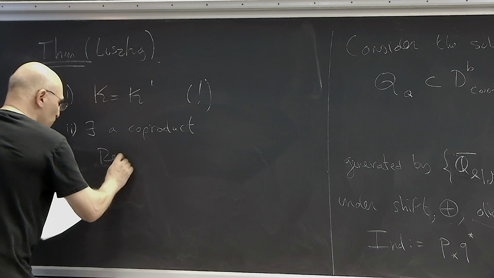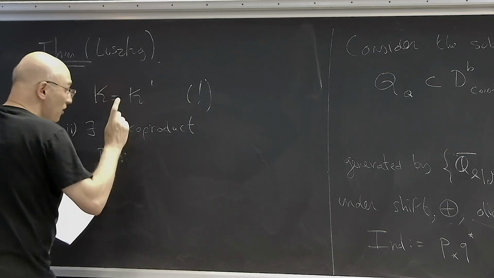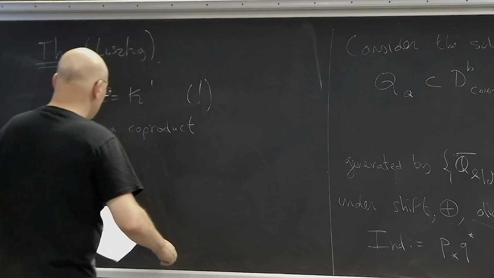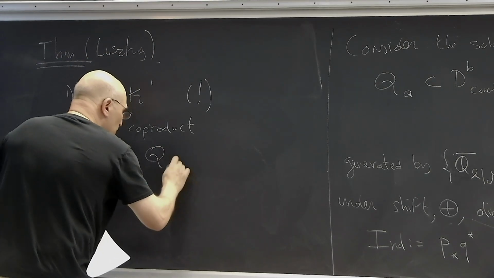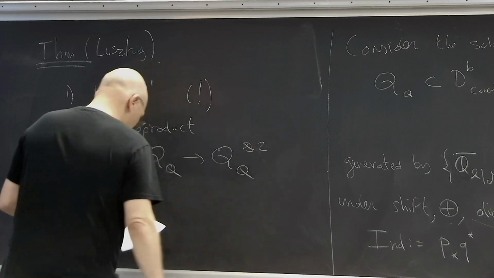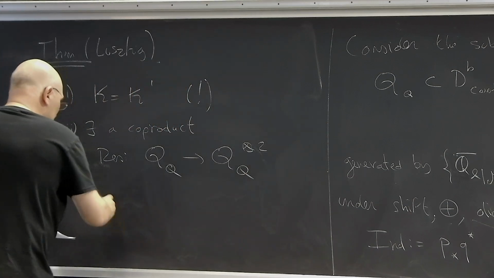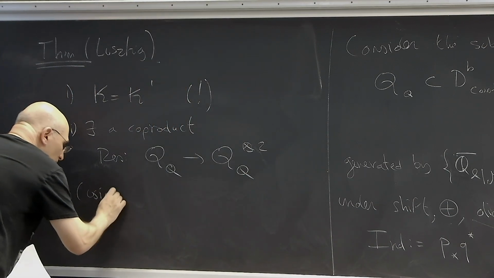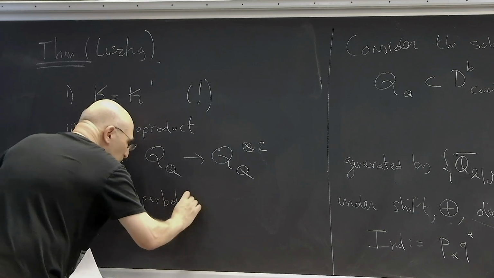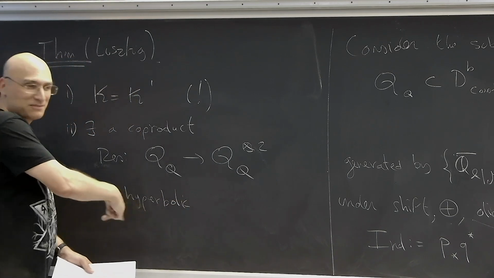Let's call it res. Not so obvious is that it preserves this subcategory. Okay, defined using what's called hyperbolic localization. I'm going to put that on Lucien's head. If you need something, you can ask him.